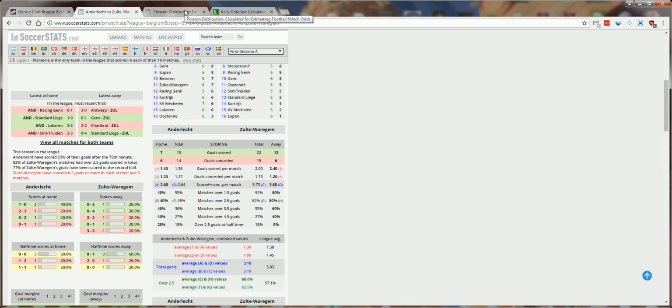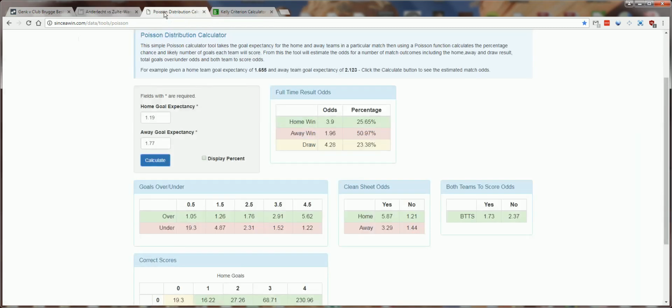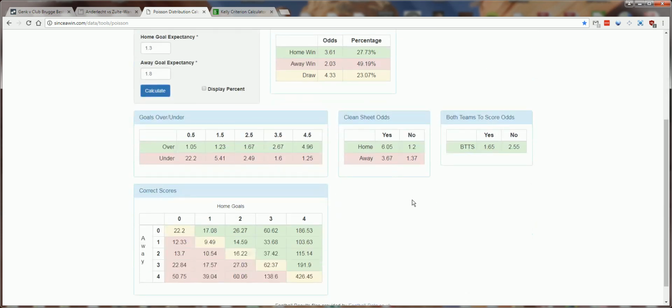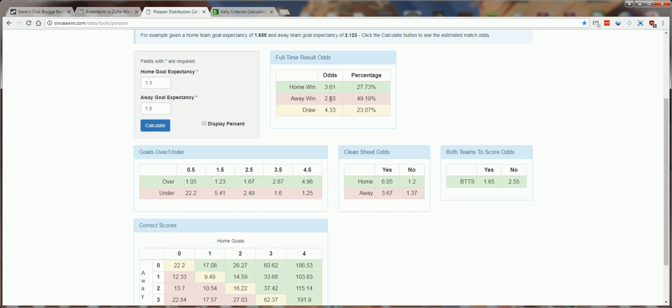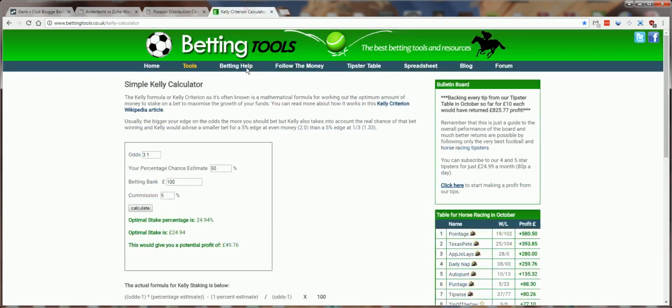So let's just put these figures in, the 1.3 and the 1.8. And we find that the away win should be 49%, so let's put 49% in here.